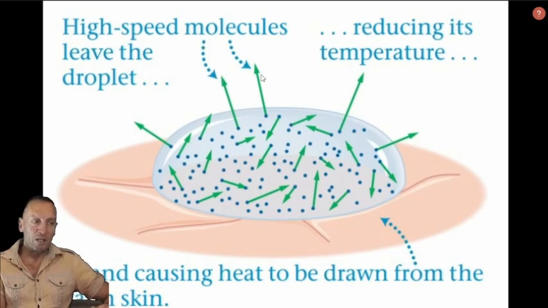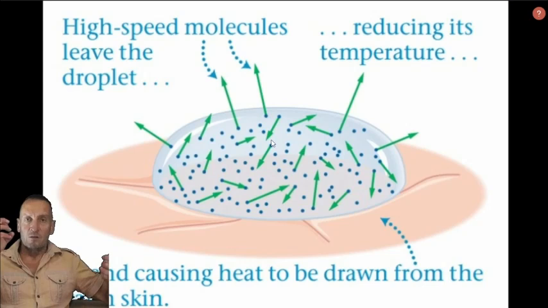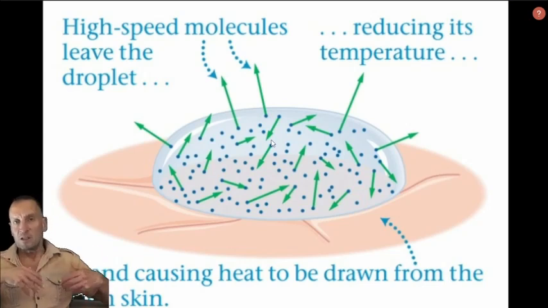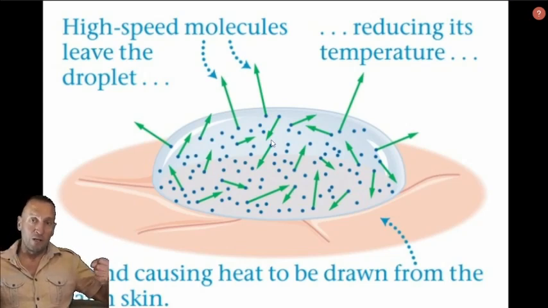Now, when they leave the droplet, the average speed of all the molecules is reduced. Say, for example, we had 1,000 molecules, and the average speed is 700 meters per second, and 2 of them with the higher speed of 1,000 meters per second leave, then the average speed is going to go down.